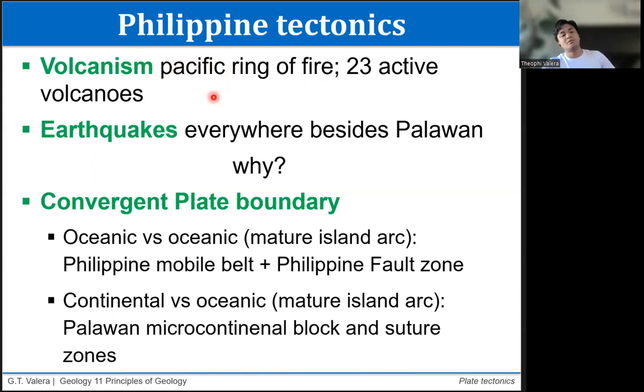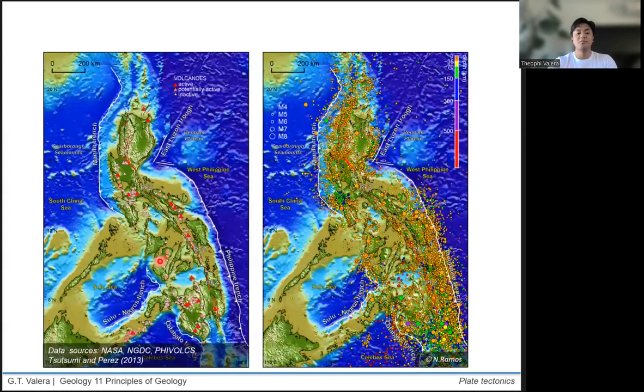It's a non-technical term, after all. And also, there are earthquakes all throughout the Philippines besides Palawan because we are basically a convergent plate boundary. So here you have oceanic crust resulting in mature island arcs, and you have basically the Philippine Mobile Belt being formed.